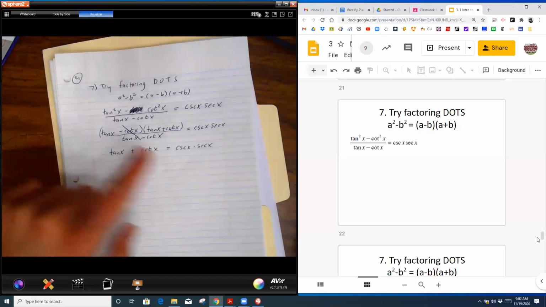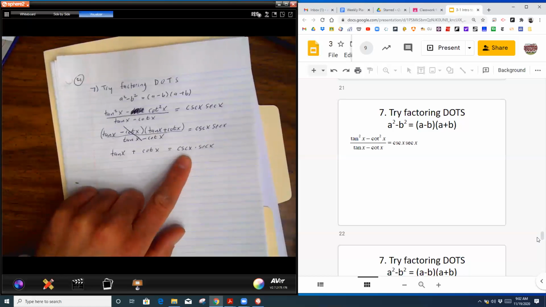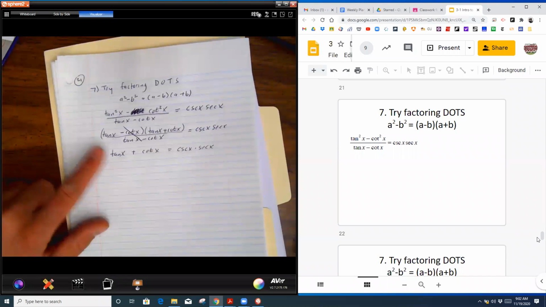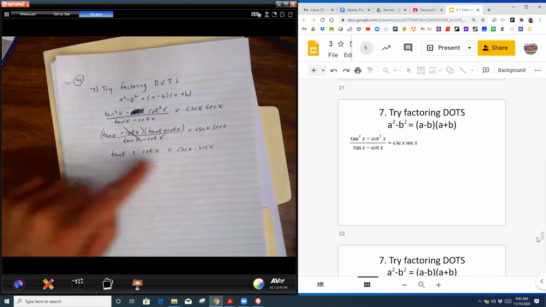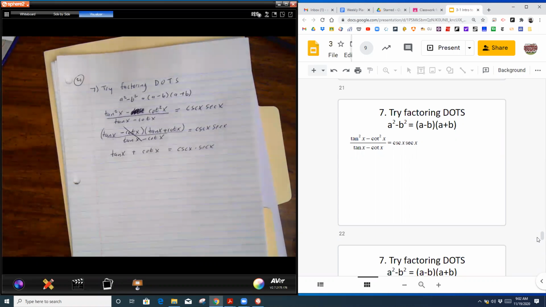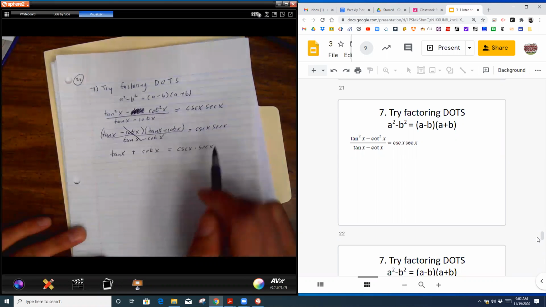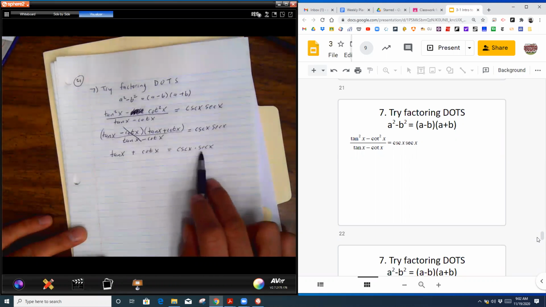So you can either take the right side and break it apart and write it as 2 things being added, which is harder to do, or try to get a common denominator on the right side and then write it as one fraction, as one term, and then it should simplify to that.